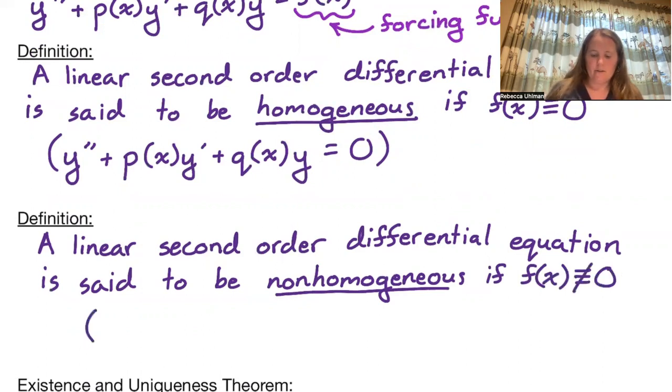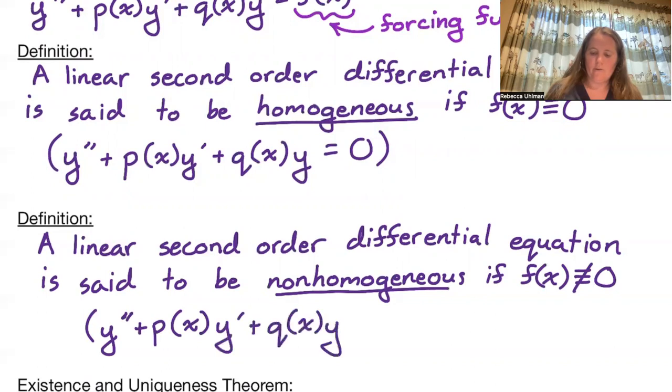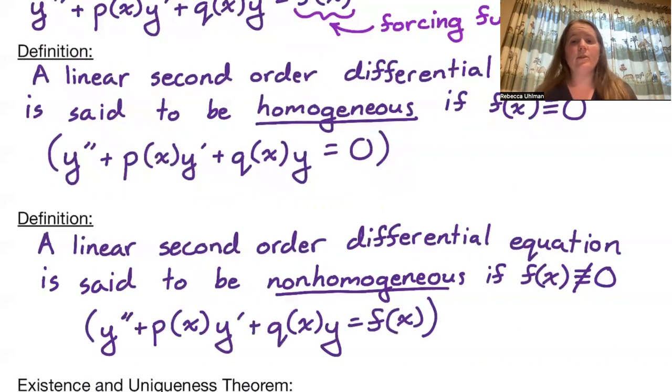So this is just our generic y double prime plus p of x y prime plus q of x y equals f of x. Just like with first order linear differential equations, the homogeneous equations are a little simpler to solve, and then we need additional work to find the non-homogeneous solutions.